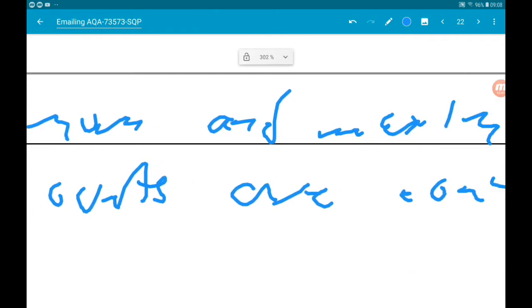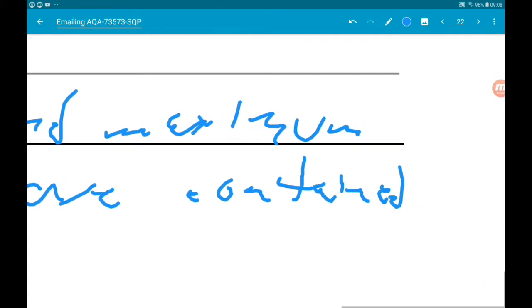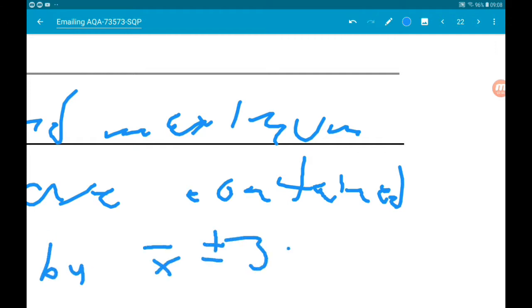Are contained by X bar plus or minus 3s. So that is the two reasons why we can use the normal distribution.